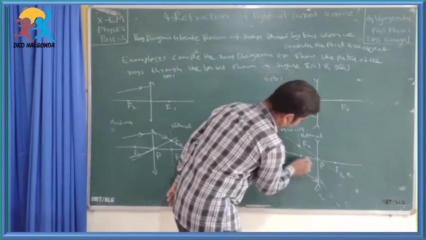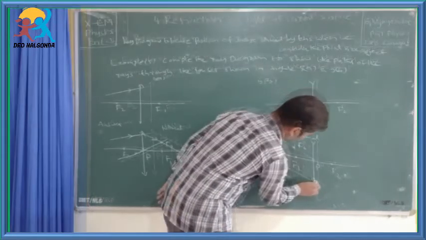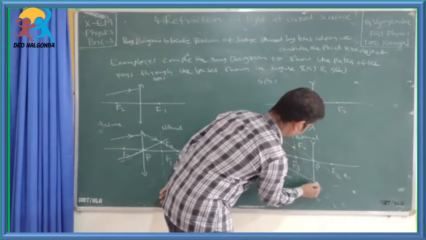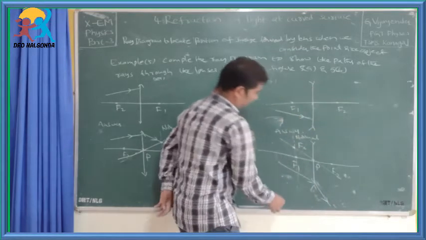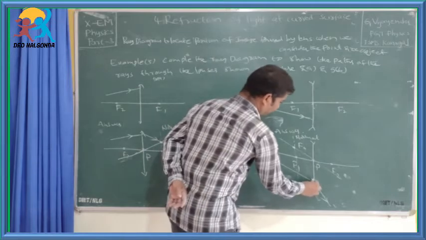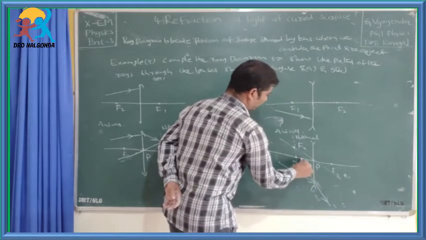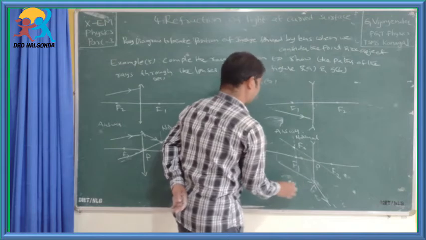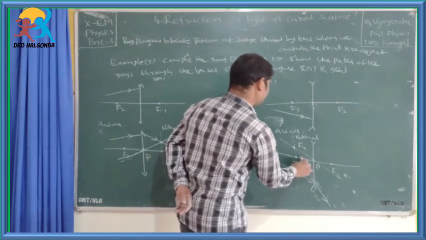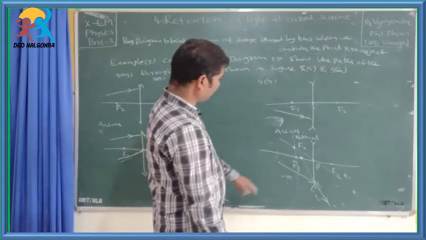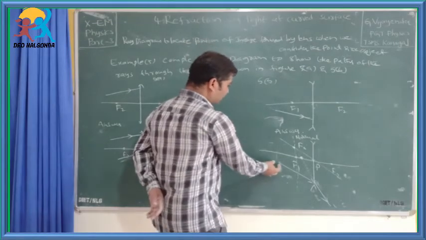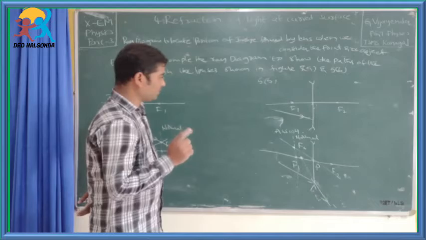This is the refracted ray. If we extend the refracted ray backwards, here the image is forming. If the object is on the principal axis, the image is forming on the principal axis.